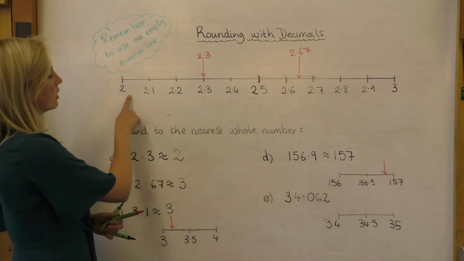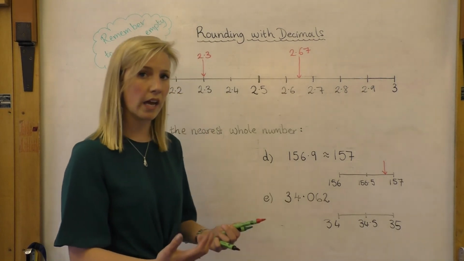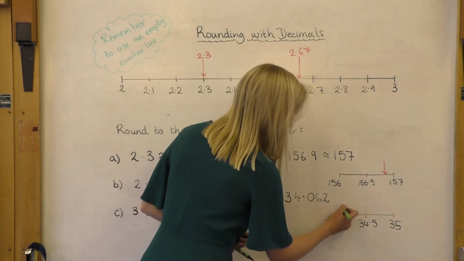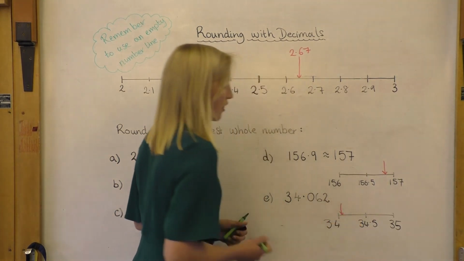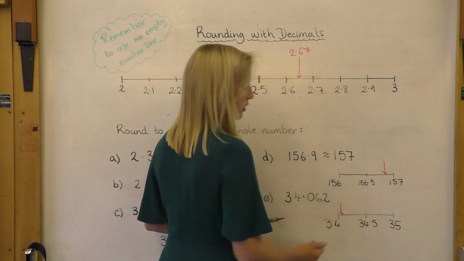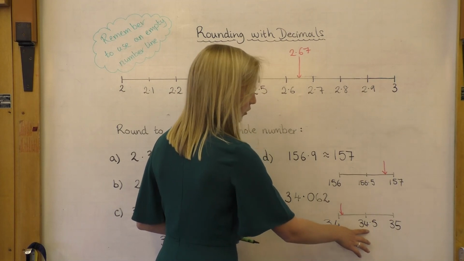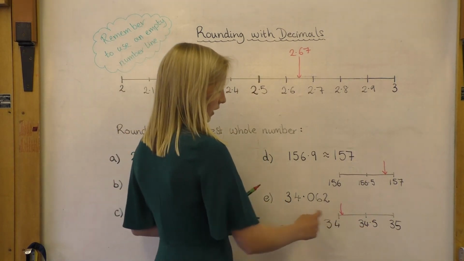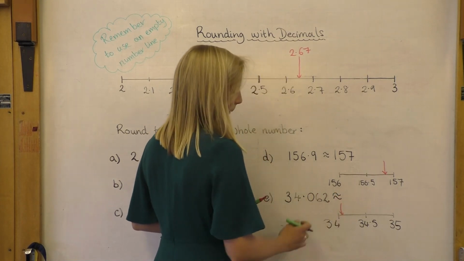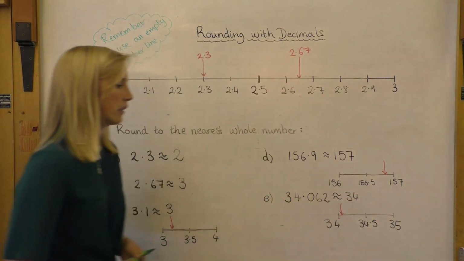Well, it's a 0.0, so it's going to lie in here. It means it's got no tenths. So it doesn't have even 1/10 yet, which means it's going to be really close to this 34. As it has 0/10, it's lying in the bottom section between our 34 and our 34.5. So again, looking at this number, we can say that 34.062 is approximately 34, rounded to the nearest whole number.